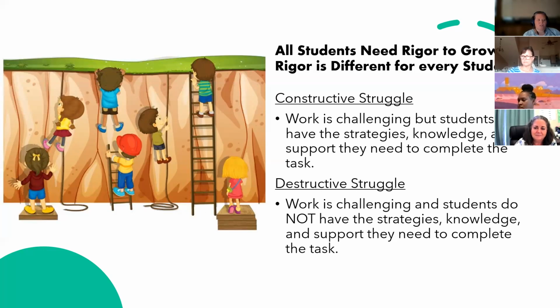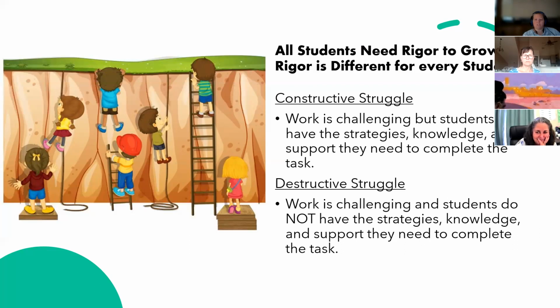So this session is about making sure that every activity that you have is presenting a constructive struggle to each of your students. That also does not mean making a different lesson plan for every kid, because nobody's got time for that, right? You got 150 kids, you can't have 150 lessons.